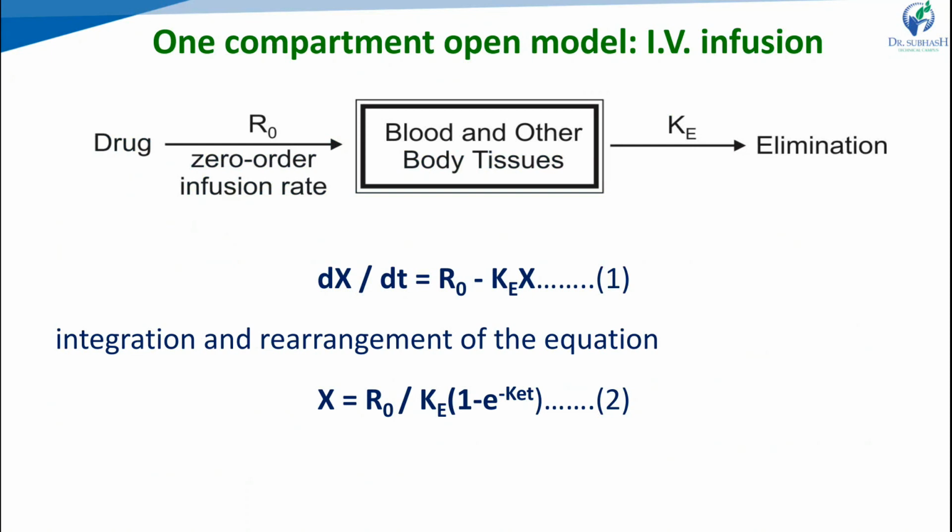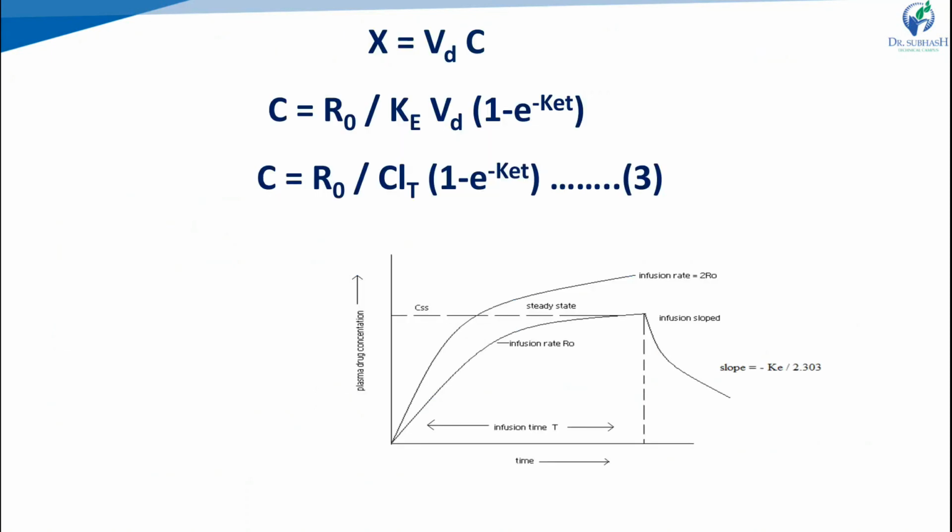So integration and rearrangement of the previous equation into the exponential form becomes x is equal to R0 upon Ke, in the bracket 1 minus e raised to minus Ket. But the amount of drug in the body is difficult to find out, so we have to convert it into the plasma drug concentration using x is equal to Vd into C. So the equation becomes C is equal to R0 upon K into Vd, in the bracket 1 minus e raised to minus Ket.